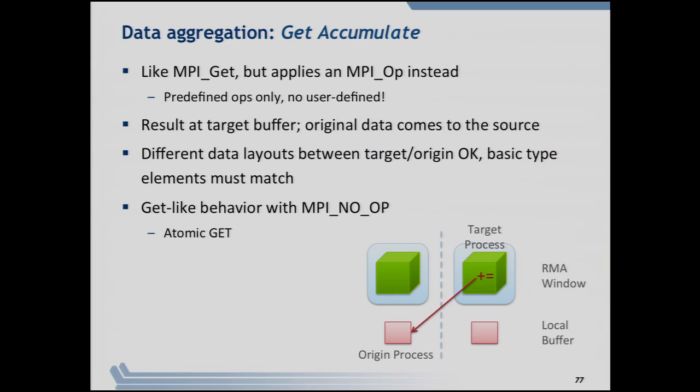We also added a new operation. This is an MPI no op. So why do I do a get accumulate with no operation? Well, it has to do with the semantics of the memory model. So this is a forward reference. But this helps me provide what's called an atomic get.